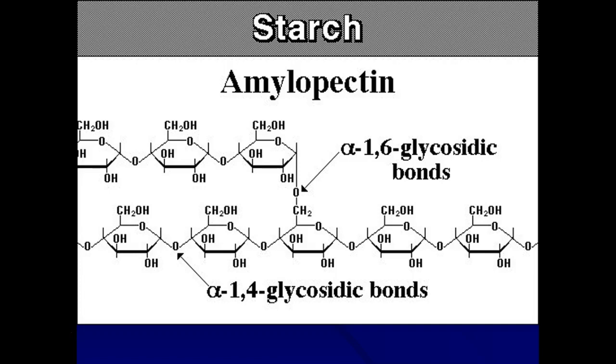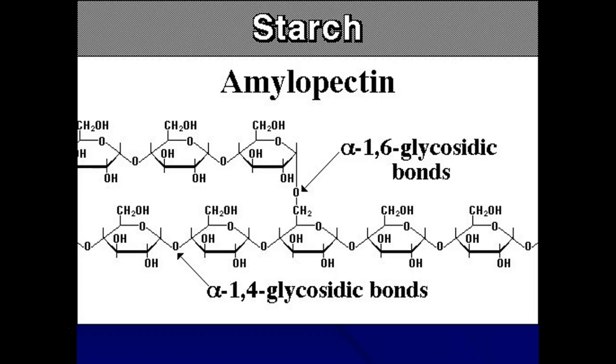You get a much more dense molecule. And this is perfect for storage. So if we think about where we find starch in plants, we're going to find it primarily in some place for storage. And that's a great one, we're looking at seeds.